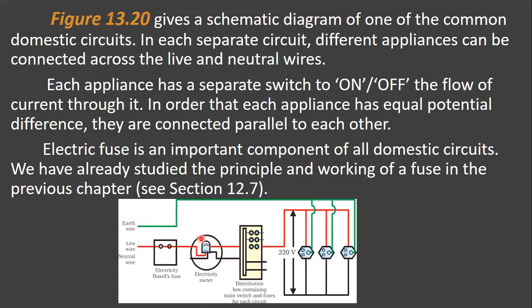The electric fuse is an important component of all the domestic circuits. See children, the electric fuse is an important component for all domestic circuits.